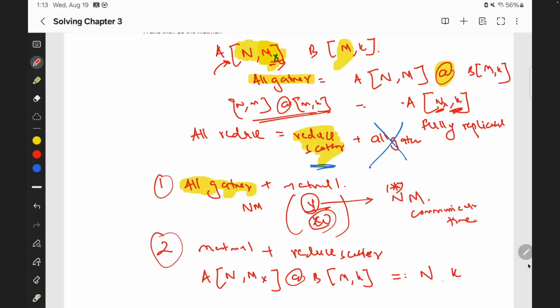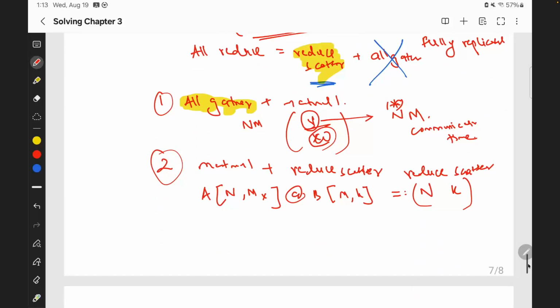You have a partial result and you need to do an all reduce here to get the full result, or, as we discussed, you can just do a reduce scatter. If you do a reduce scatter, now you would have nx comma k. When you did all reduce, you would have the full matrix, but as you are doing reduce scatter, you would only have nx comma k.